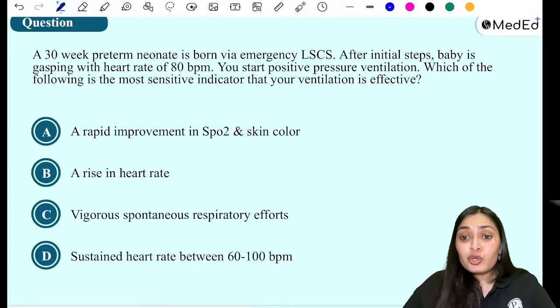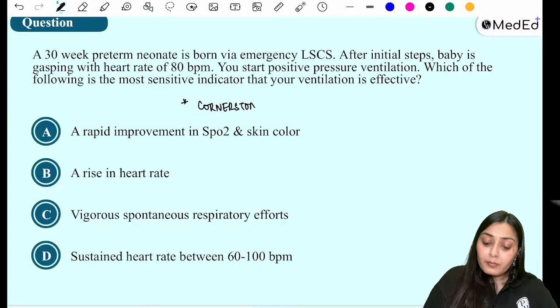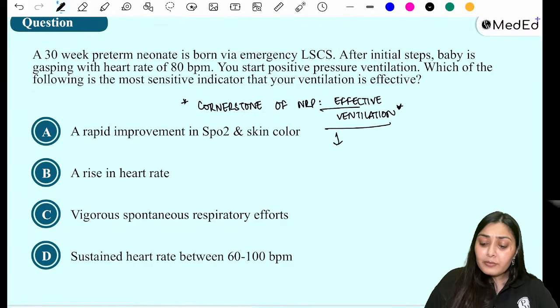So my cornerstone of NRP is effective ventilation. So remember the statement that cornerstone of NRP is effective ventilation. If your ventilation is effective, your heart rate will increase.